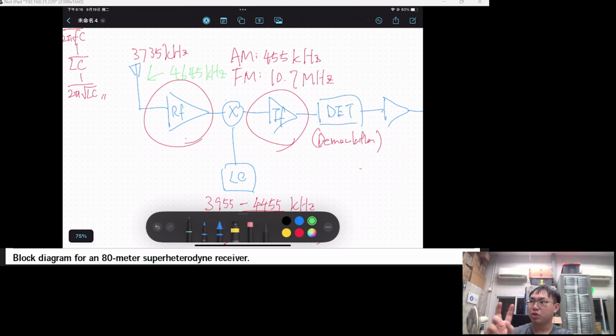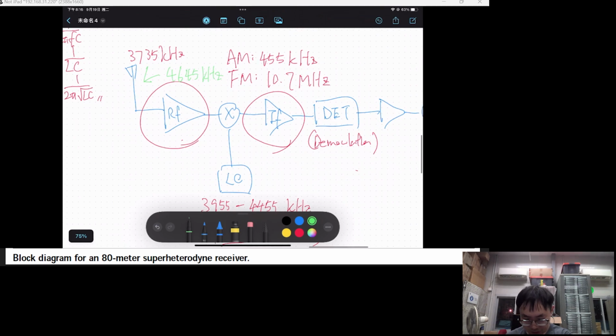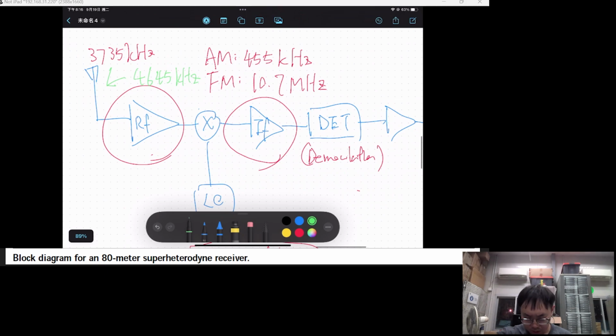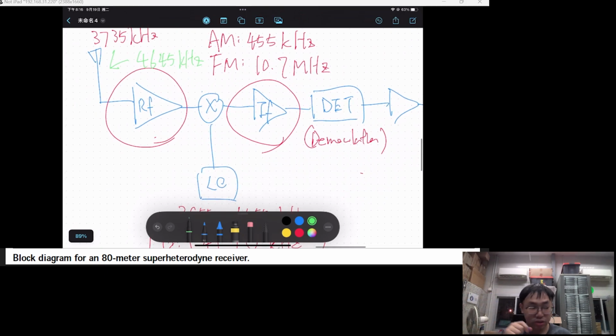I'll give you one minute to think about this question first. What will happen if I really have a signal at this frequency?